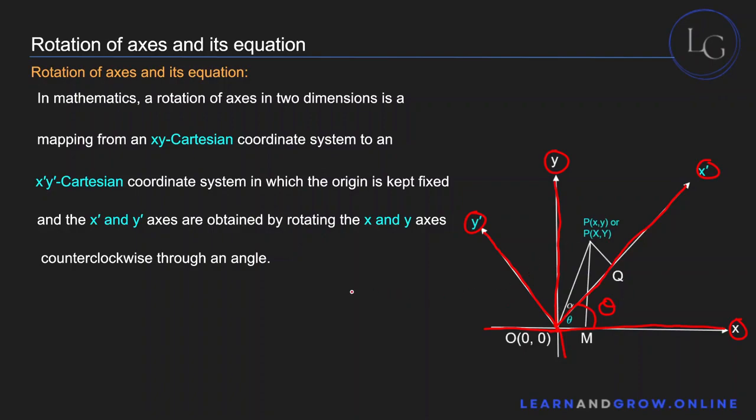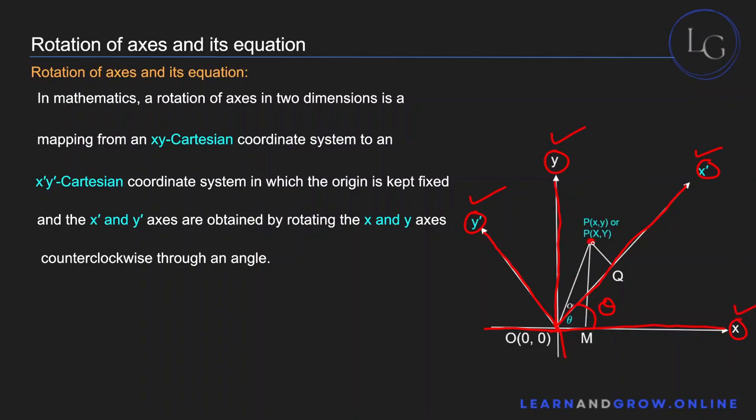Now let's say you needed to find the coordinates of a point that are given to you according to this new axis, and you needed to find its coordinates in the old axis. What would you do?